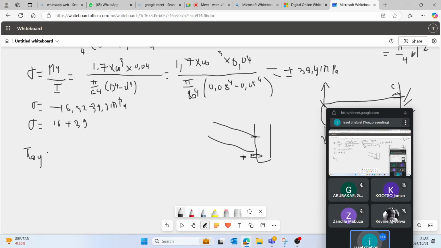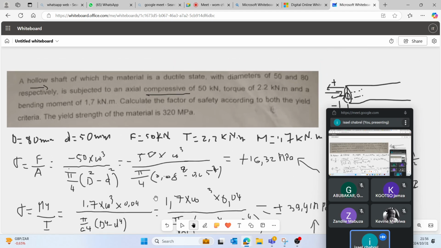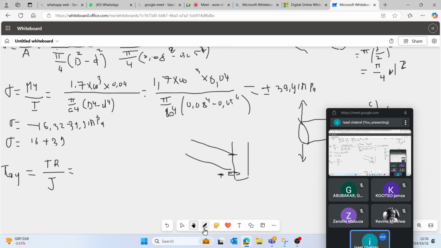So the shear stress is torque times R over J. Now, torque is given as what, Mr. Abubakar? It's given as 2.2 times 10 to the 3. R, remember, is the same thing as y. We take the biggest one, which is 0.04.